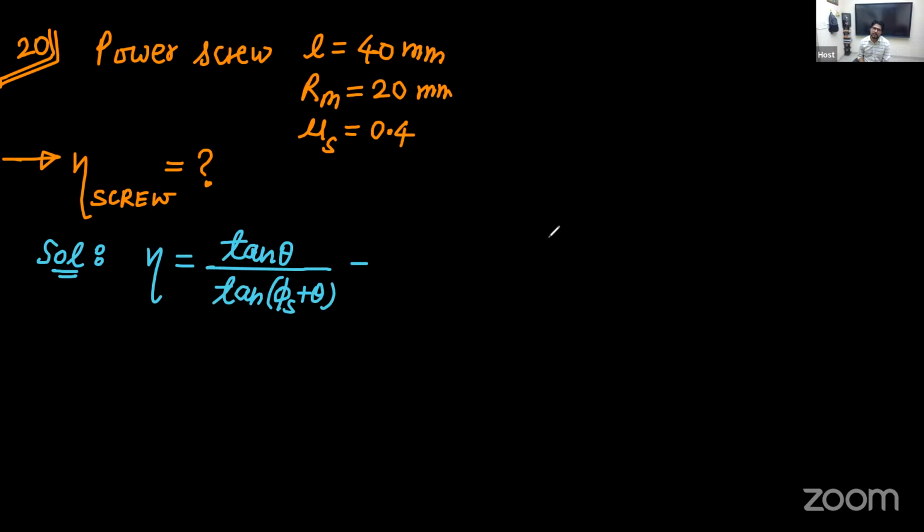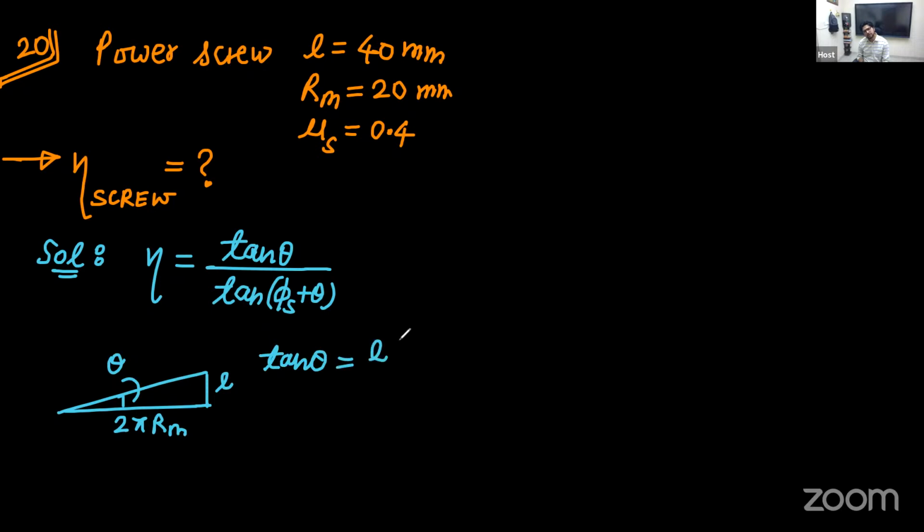Now, if you remember, for a horizontal movement of 2 pi Rm, the axial movement of the screw is L. So theta can be calculated using the formula tan theta is equal to L upon 2 pi Rm. L is given as 40 and Rm is given as 20.